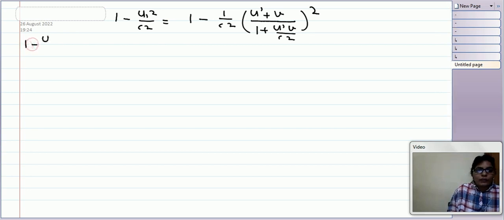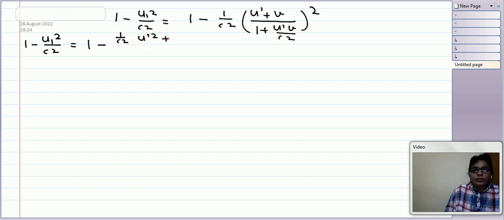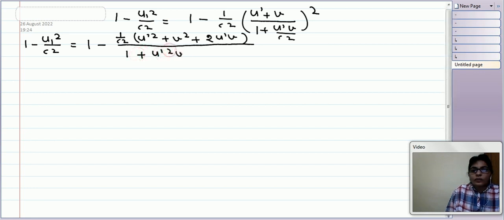So again 1 minus u1 square by c square is equal to 1 minus 1 by c square into u dash square plus v square plus 2u dash v, and in denominator it is 1 plus u dash square v square upon c to the power 4 plus 2u dash v upon c square.